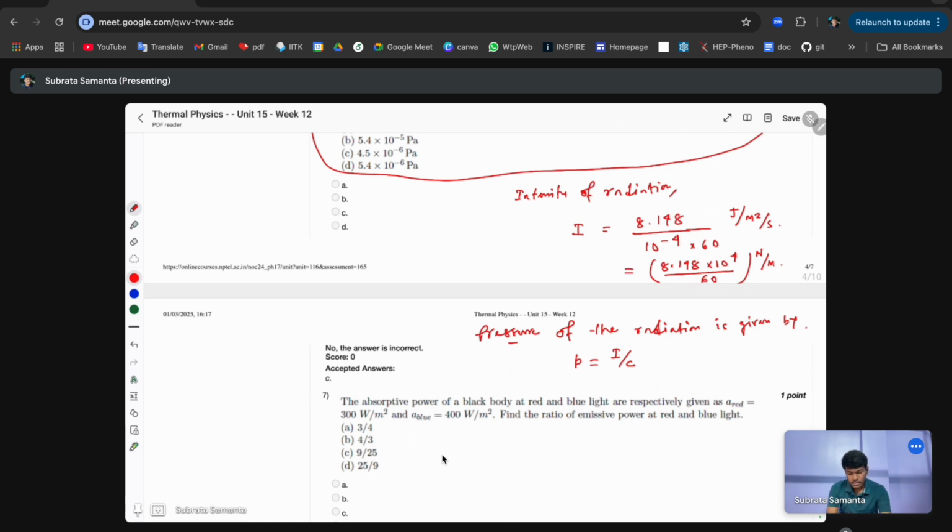So it's basically 8.148 times 10 to the power 4 over 60 times 3 times 10 to the power 8 meter per second. The unit is basically Newton per meter square. So this is basically a pressure.